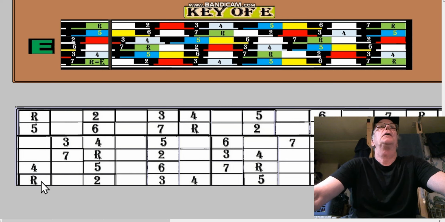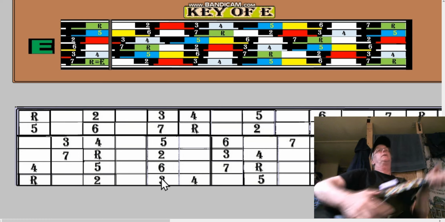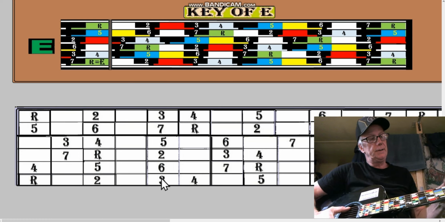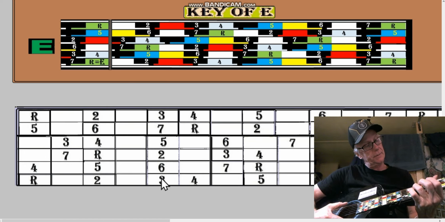We were playing R 2 3. If we wanted to do the pentatonic, it would be R all the way to 3. You have this big long interval here. There is no other 3 to do, so you've got to slide up there. Now, one good thing is that the root is open, so you're going to start here.